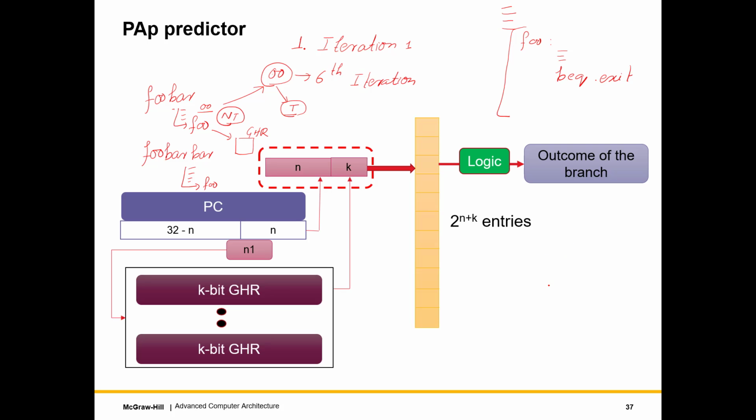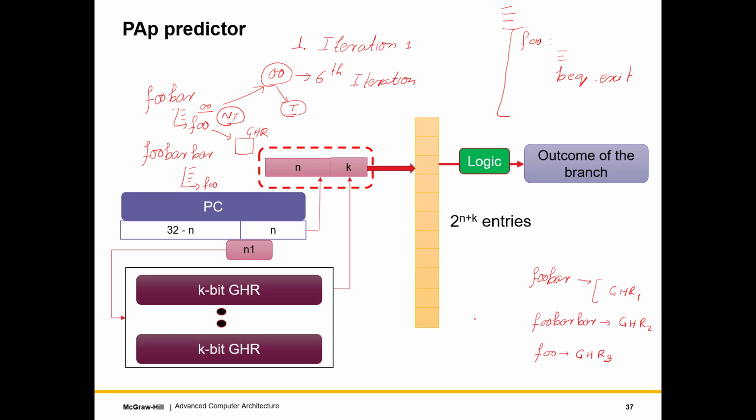So what we are saying is that if we have multiple GHRs, then all the branches within the foo bar function, given that they will be co-located, will have a separate GHR for them. And all the branches within the foo function, which are all co-located in terms of addresses, will have a separate GHR.